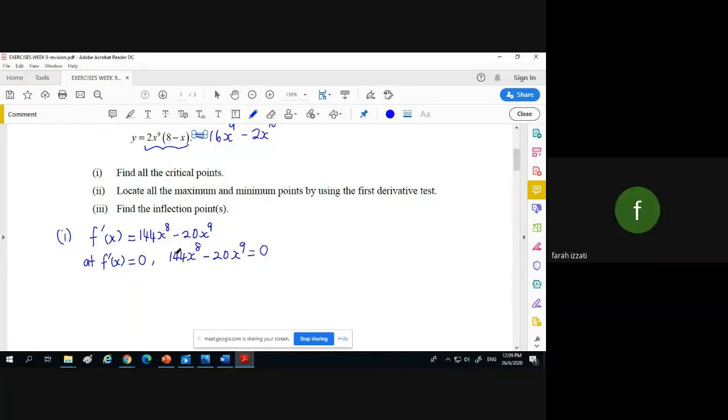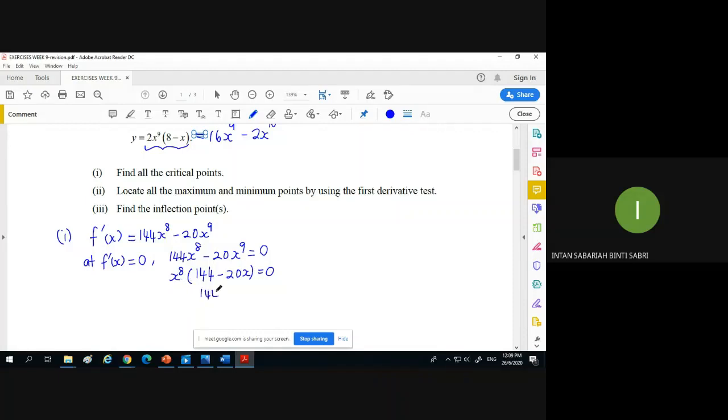Okay, we factorize. Find x. We factorize x power of 8. Here we have x power of 8 and x power of 9, so we factorize and get 144 minus 20x, equal to 0. Divide everything by x power of 8 on both sides.